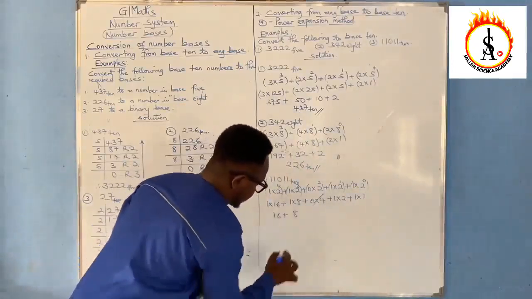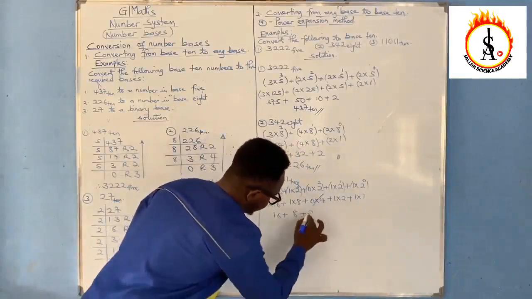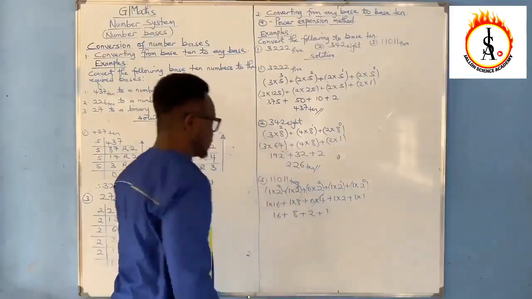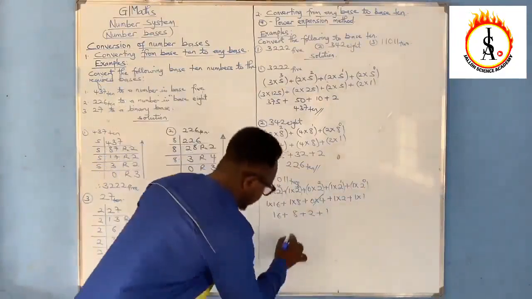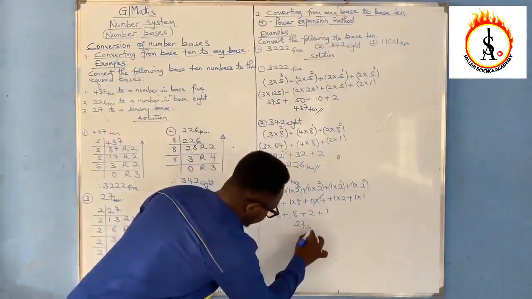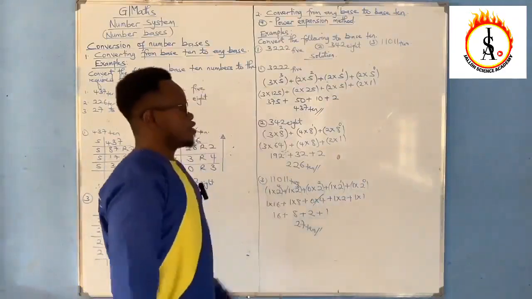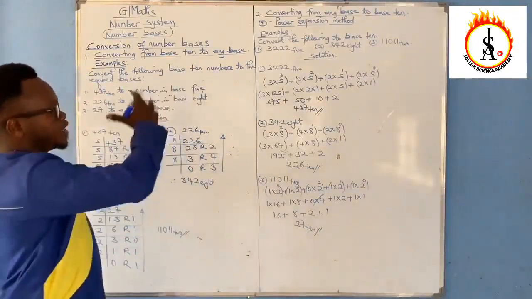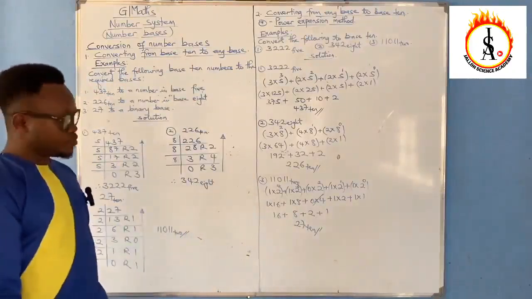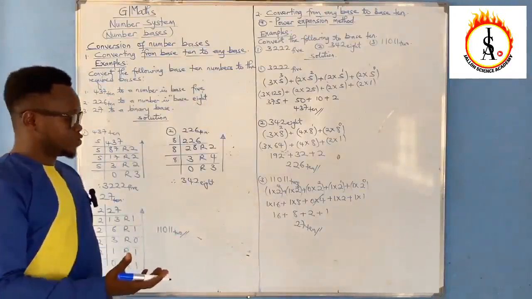Of course, this is 0. 1 by 2 is 2. 1 by 1 is 1. So this plus this 24, plus this 26, and this 27. So this is how you can go about converting from any base to base 10. So this is the power expansion method.